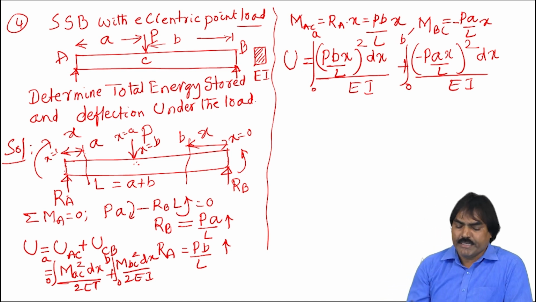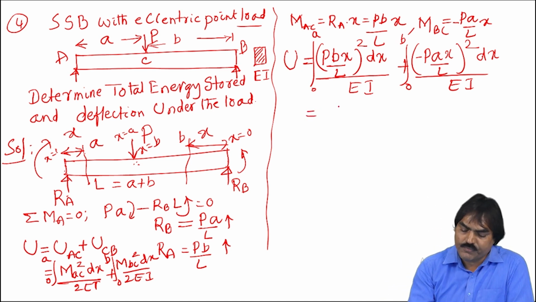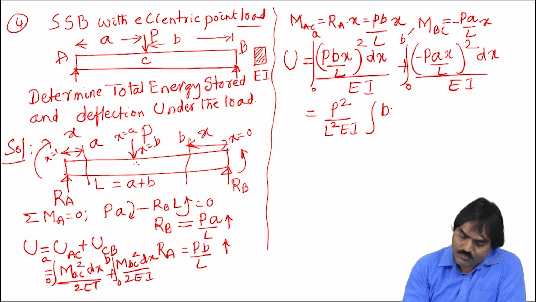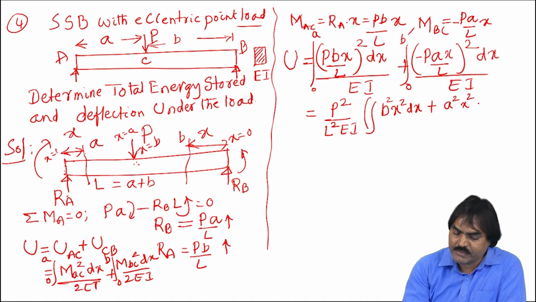When you carry out this integration, I'll take the common terms out first, that is P square by L square EI constant. This is b square x square dx plus a square x square dx, limit 0 to a, 0 to b.